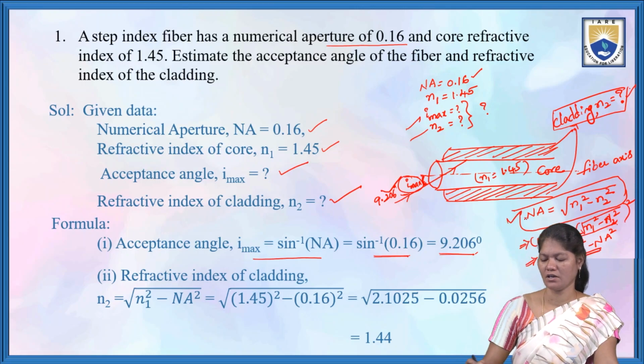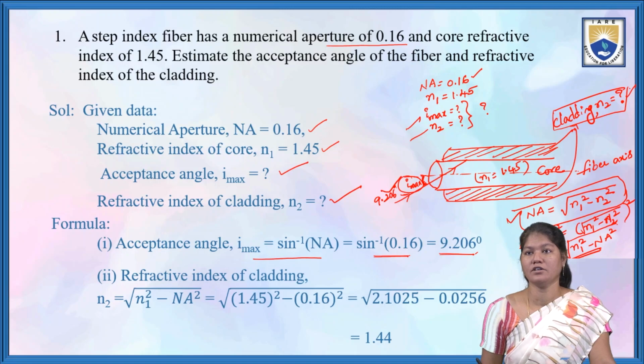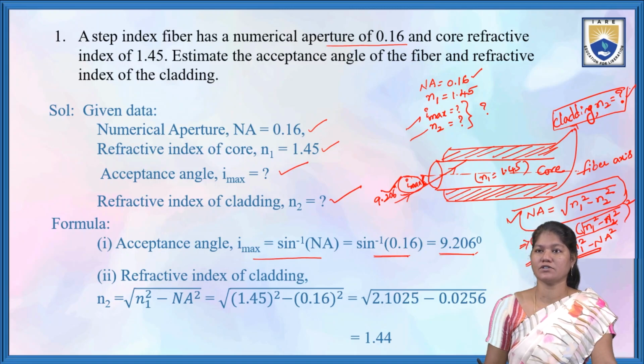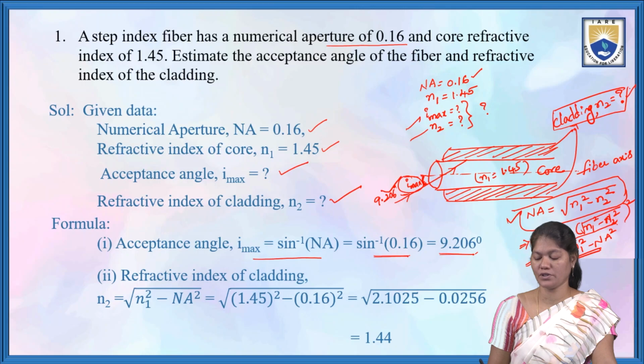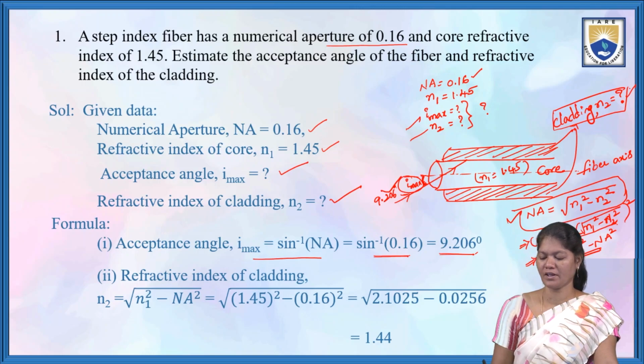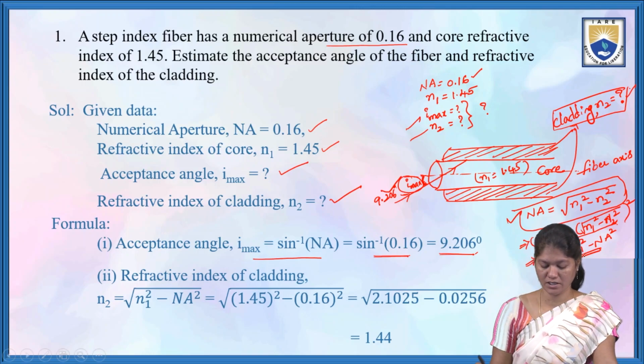So from this, the refractive index of cladding N2 is equal to root of N1 square minus NA square.